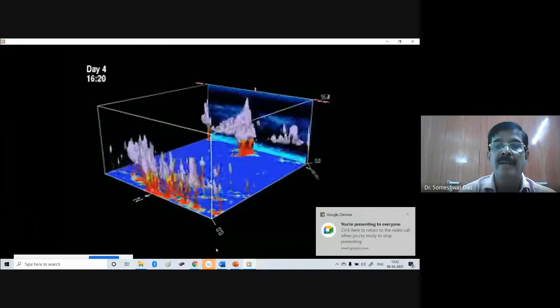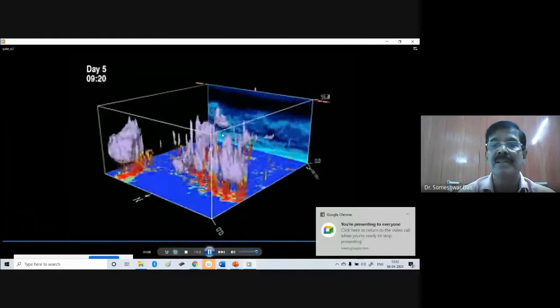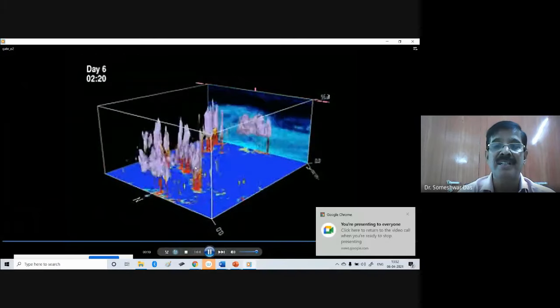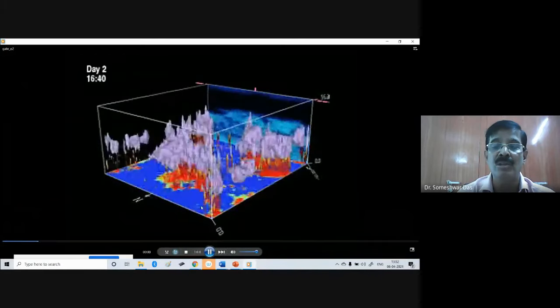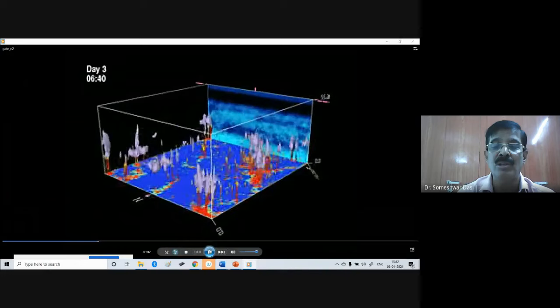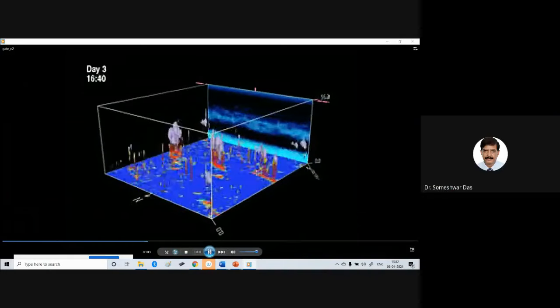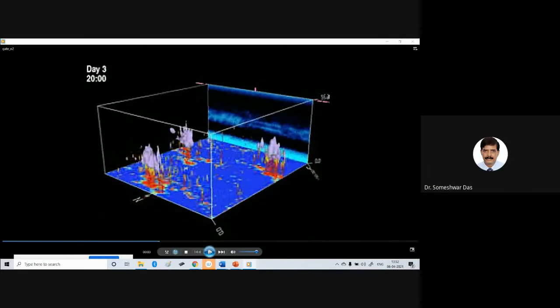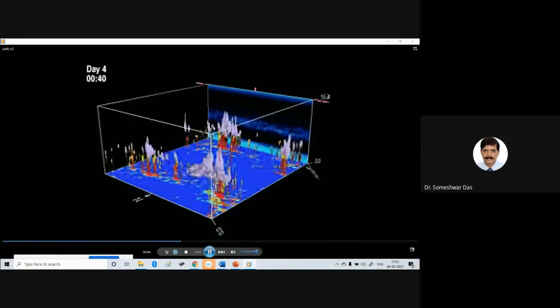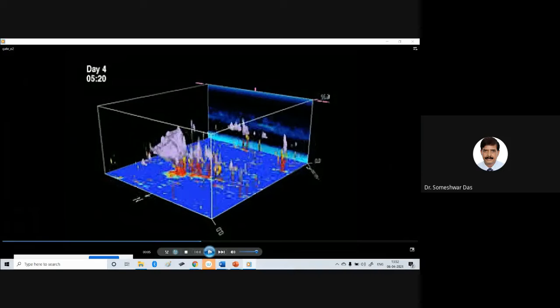See, what you are seeing is a box. Can you see this box inside which so many clouds are evolving? Inside the box, clouds are evolving, and these are the clouds which formed or developed over the tropical Atlantic during the GATE field experiment.